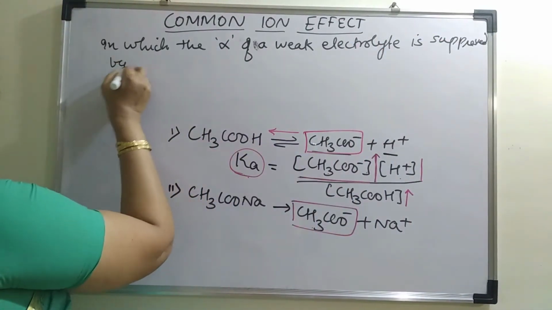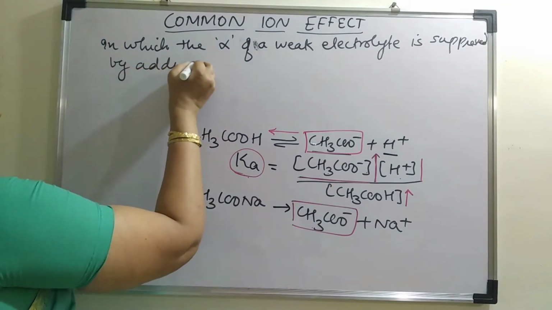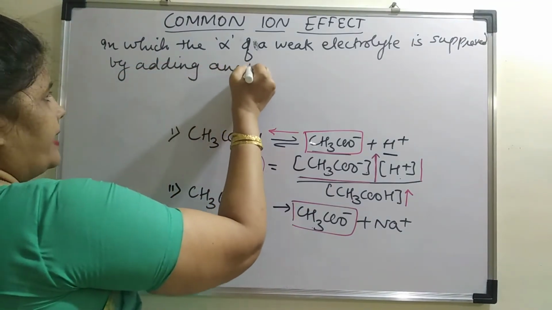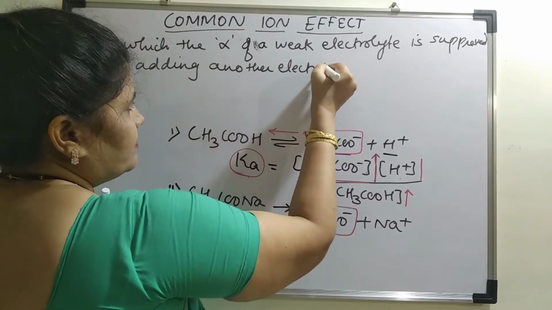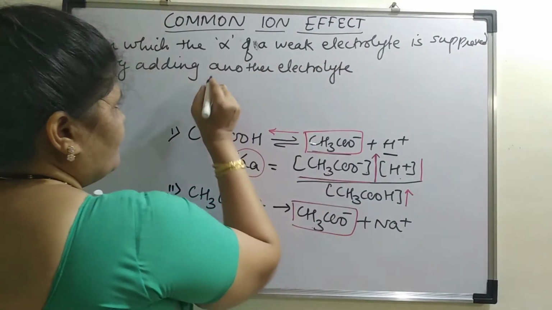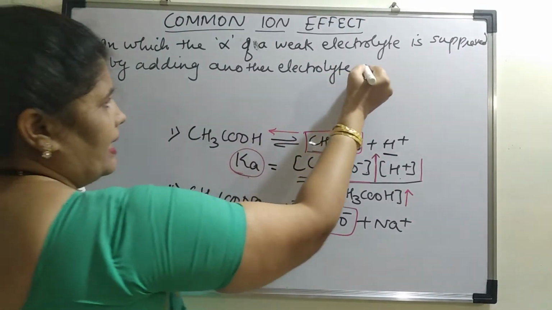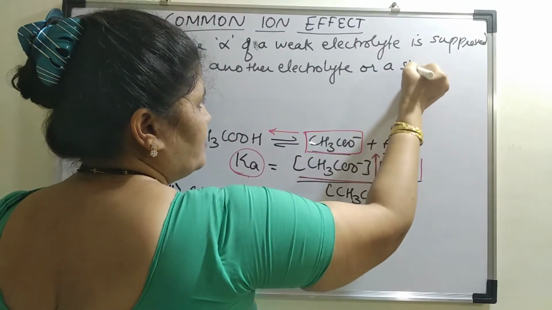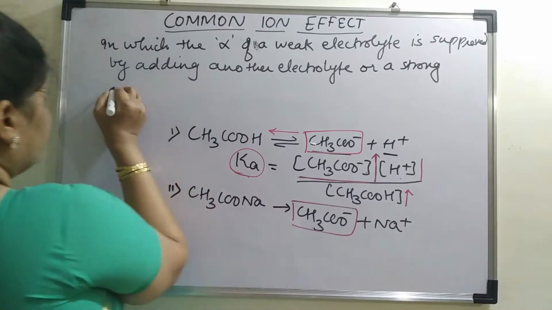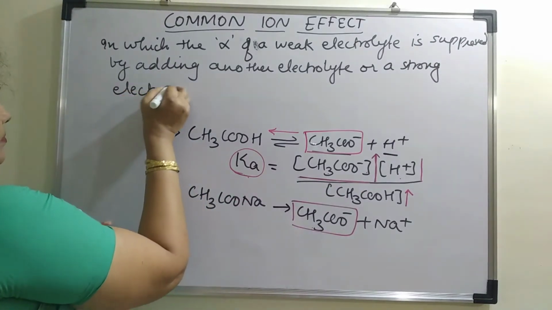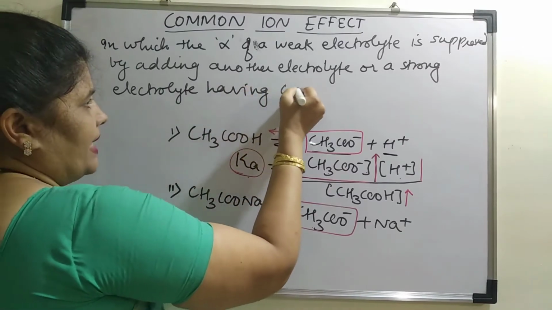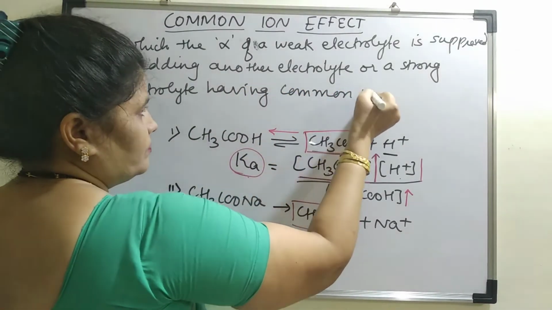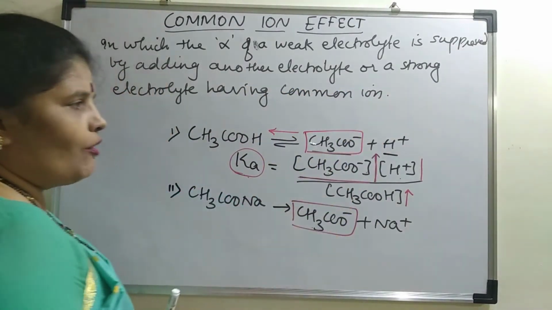By adding another electrolyte. What type of another electrolyte? A strong electrolyte. I will write this as another electrolyte or a strong electrolyte having a common ion. This is what is common ion effect.